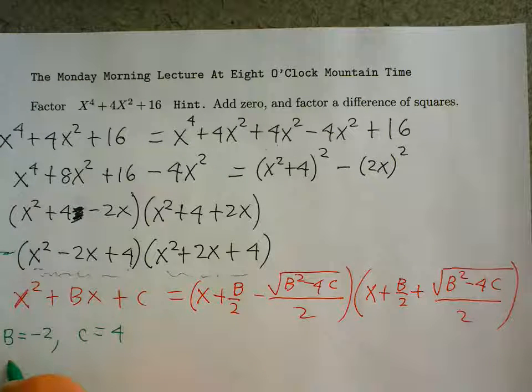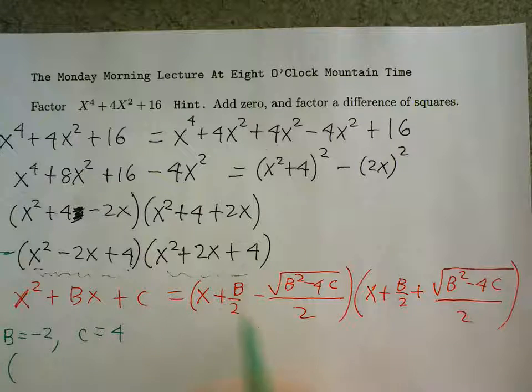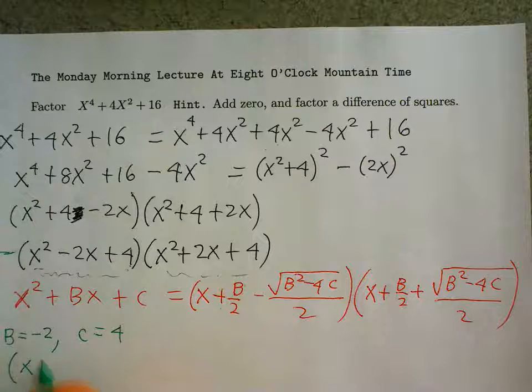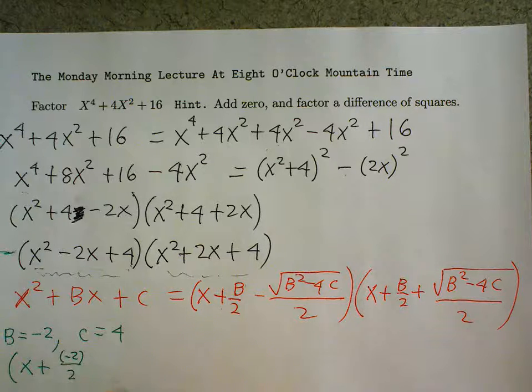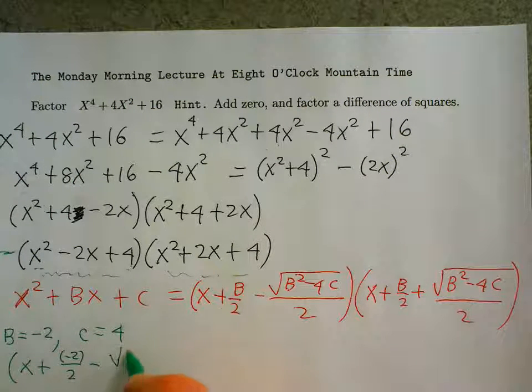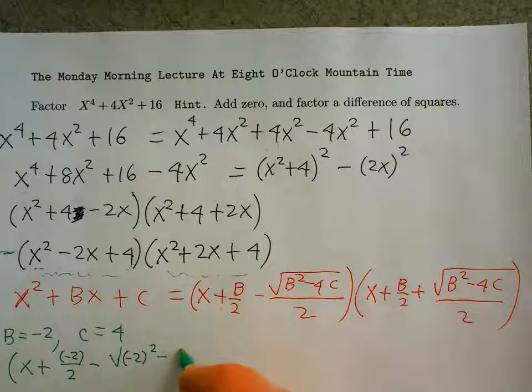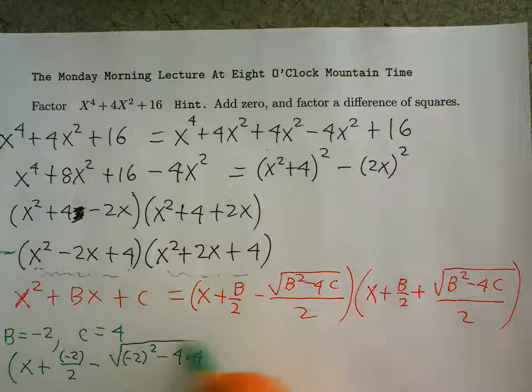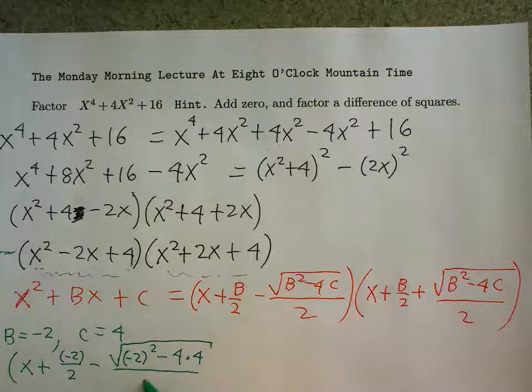So we'll write, using the formula, x plus b over 2, this will be x plus negative 2 over 2, and then minus the square root of negative 2 squared minus 4 times 4, all over 2.